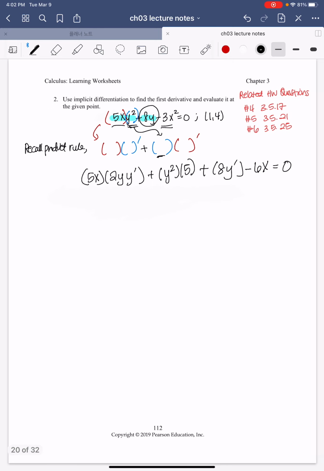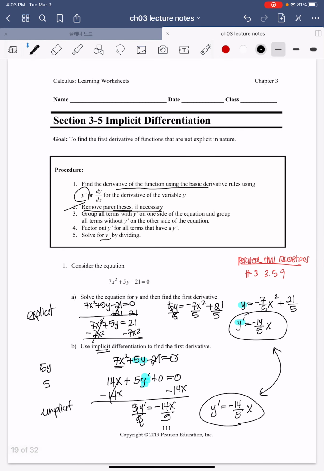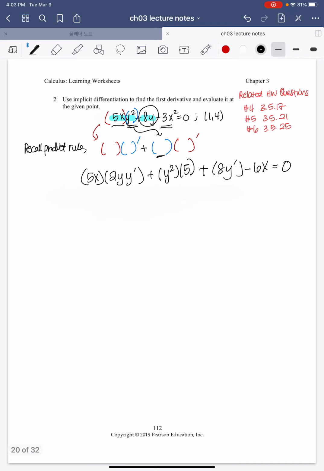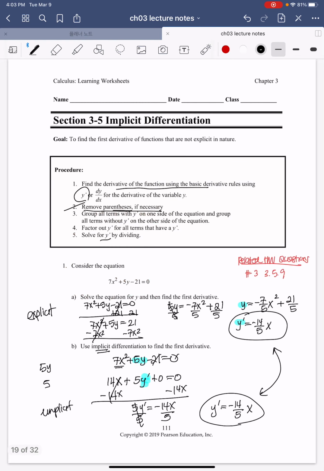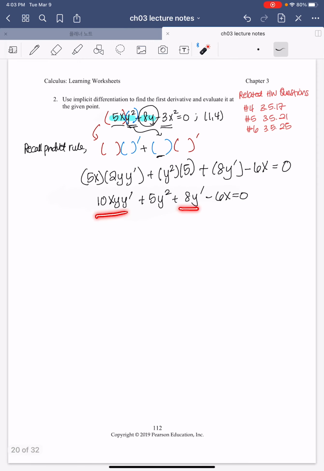So number 2, remove parentheses if necessary. I'm going to remove all these parentheses by multiplying. So this will give me 10xy y prime plus 5y squared plus 8y prime minus 6x equal to 0. Step 3 says group all y prime terms on one side. So I'm going to have these two on one side and move these two to the other side.